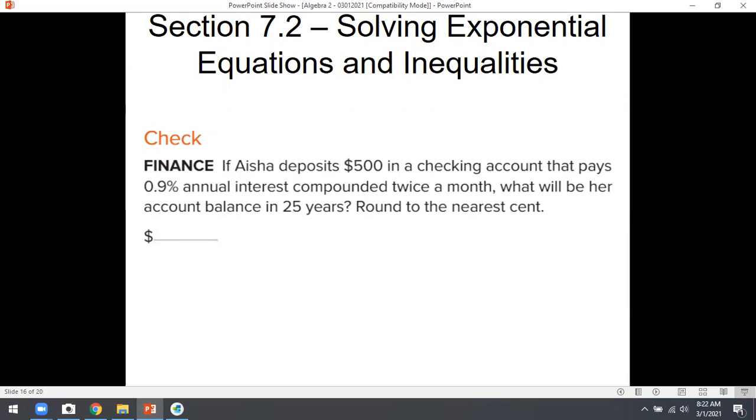And they want to know the account balance, the amount A you'll get out after 25 years. Very, very similar setup.